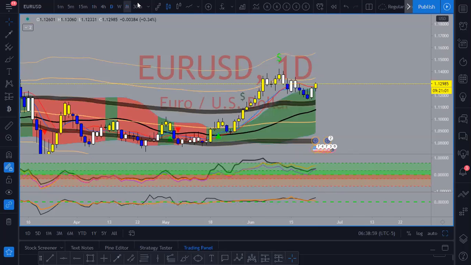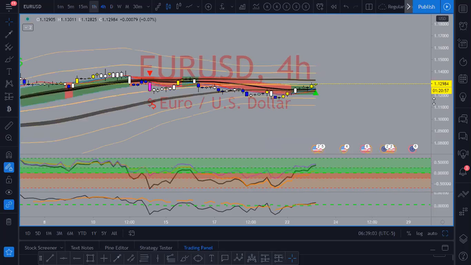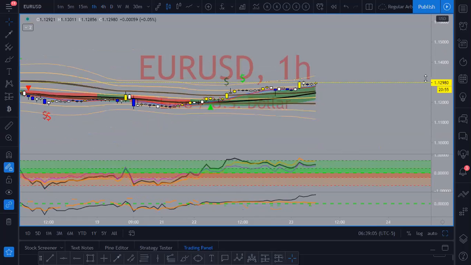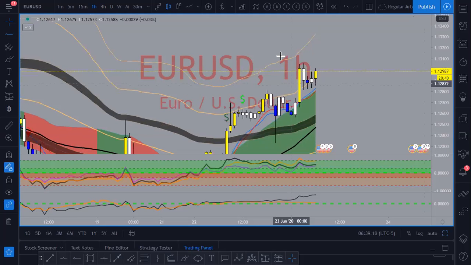If you could find a solid entry for a buy, you could set a buy stop at 1.1300 or a little higher, like 1.1308.